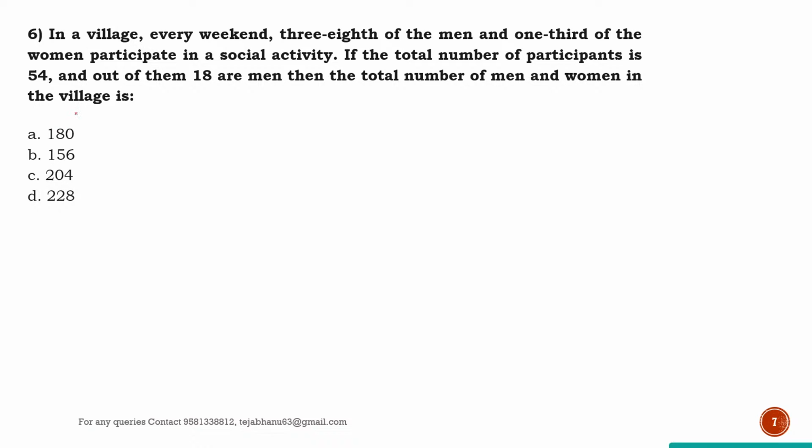He has given that 3/8 of men and 1/3 of women participated in the social activity. If the total number of participants is 54, total number he has given 54. Out of them, 18 are men.